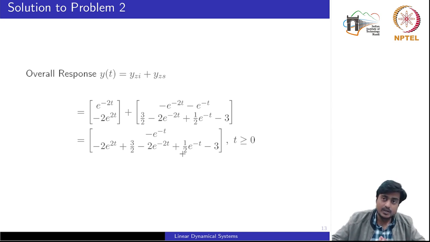Now similarly, if some other initial conditions and some other input is given to you, here we have taken the step type input only, where the first input had a magnitude of 1 and the second input had a magnitude of 2. Instead of those step inputs, there are a number of inputs by which you can compute the responses.